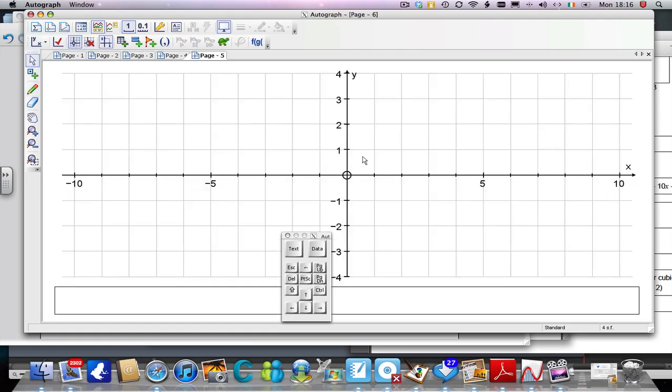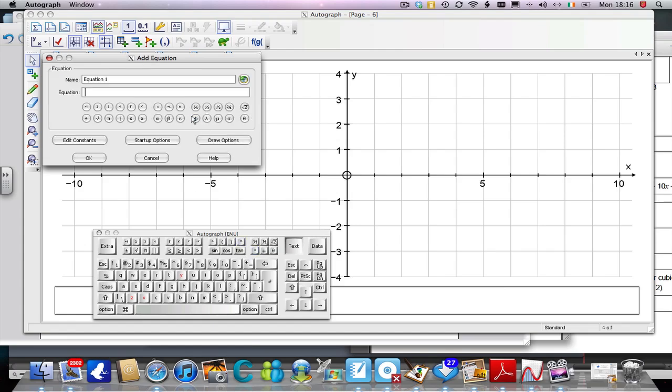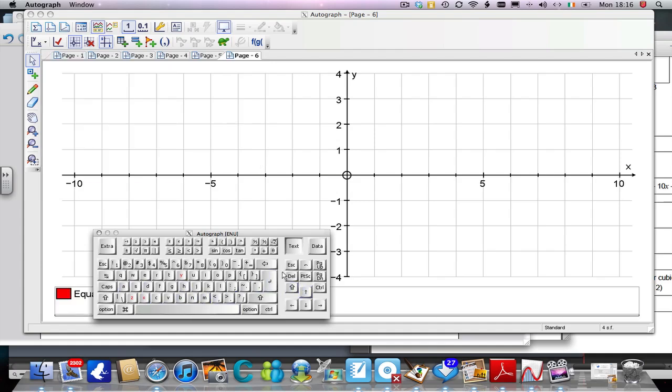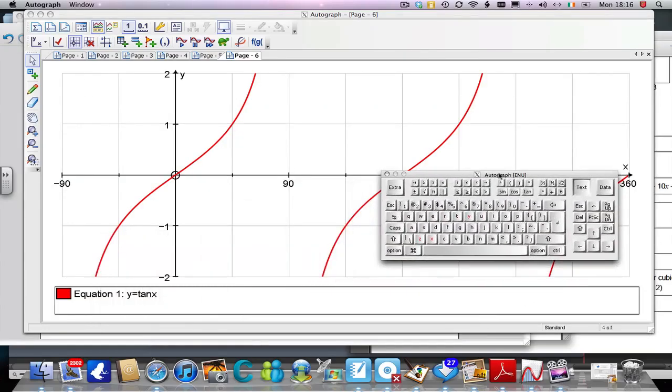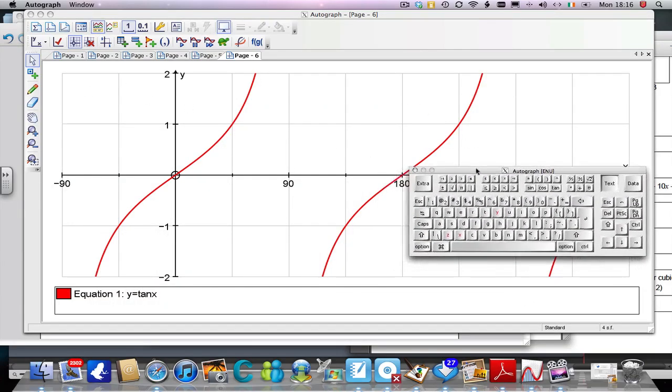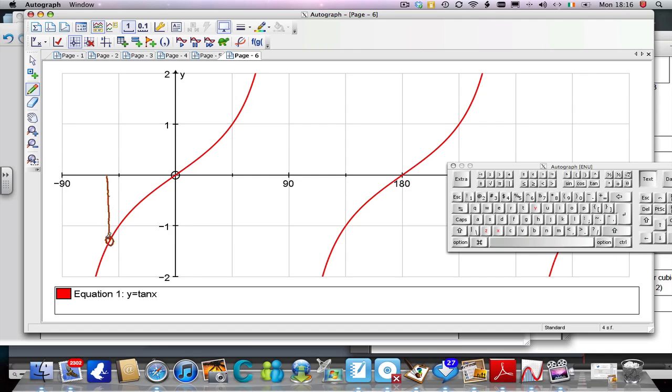Let's just show you what y equals tan x looks like. Okay, y equals tan x. So we got an answer of negative 56, which is going to be round about here.